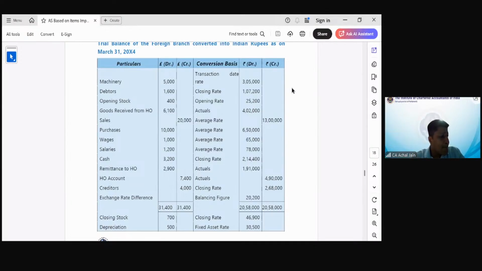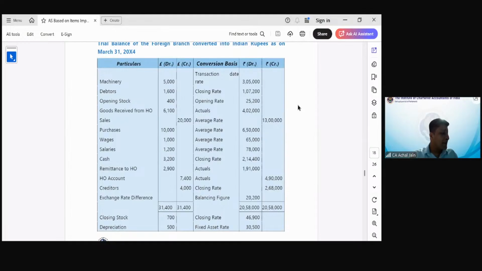Now, as regards closing stock, once again the rate that you use is the closing rate.